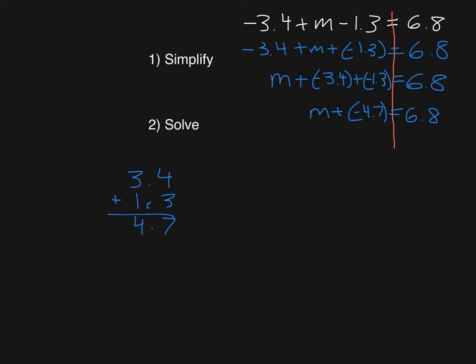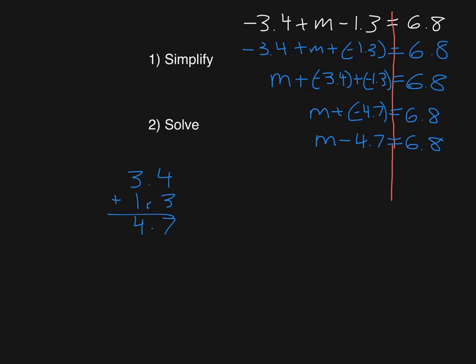Now, I want to make sure I write this left side as simply as possible, and because I have plus negative 4.7, an easier way to write that is m minus 4.7 equals 6.8. And now, this equation is as simple as it gets. M minus 4.7 on the left side.